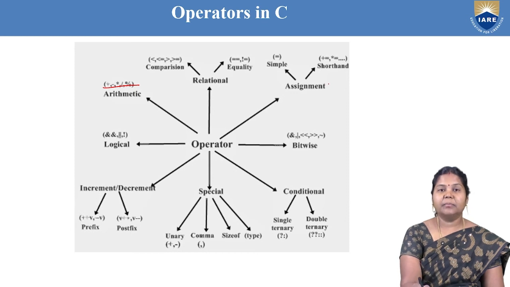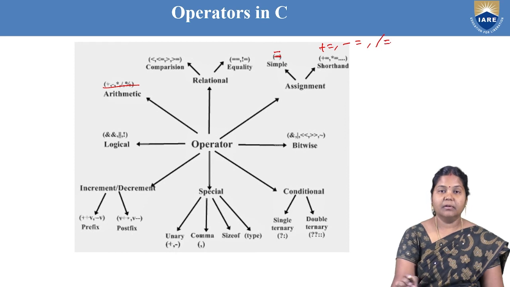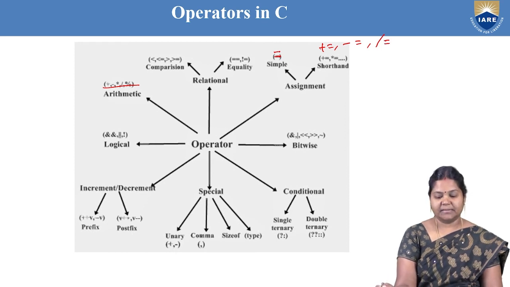Then assignment operators are of two types. One is called simple assignment and the other shorthand or compound assignment. Simple assignment is nothing but the single equal to, then plus equal to, minus equal to, division equal to. These are all your compound assignment operators.